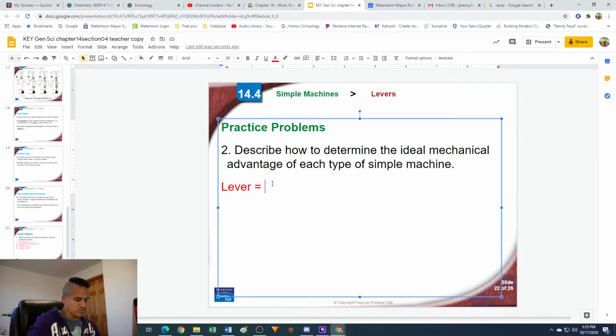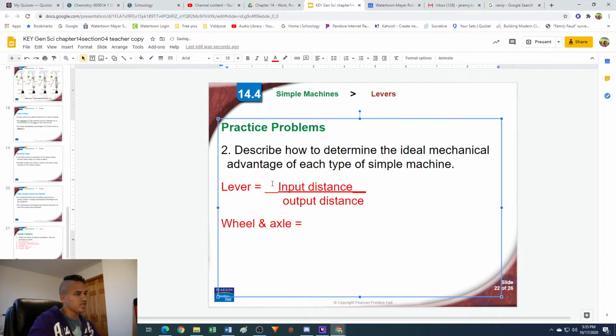So the lever is input distance divided by output distance. For the wheel and axle, we're going to take the radius of the wheel and divide that by the radius of the axle.